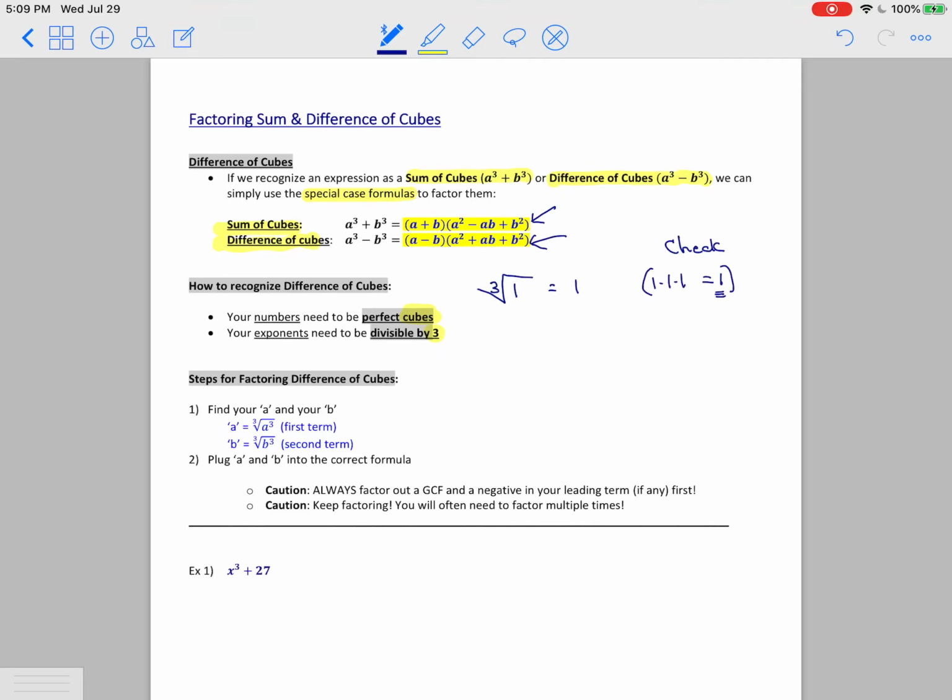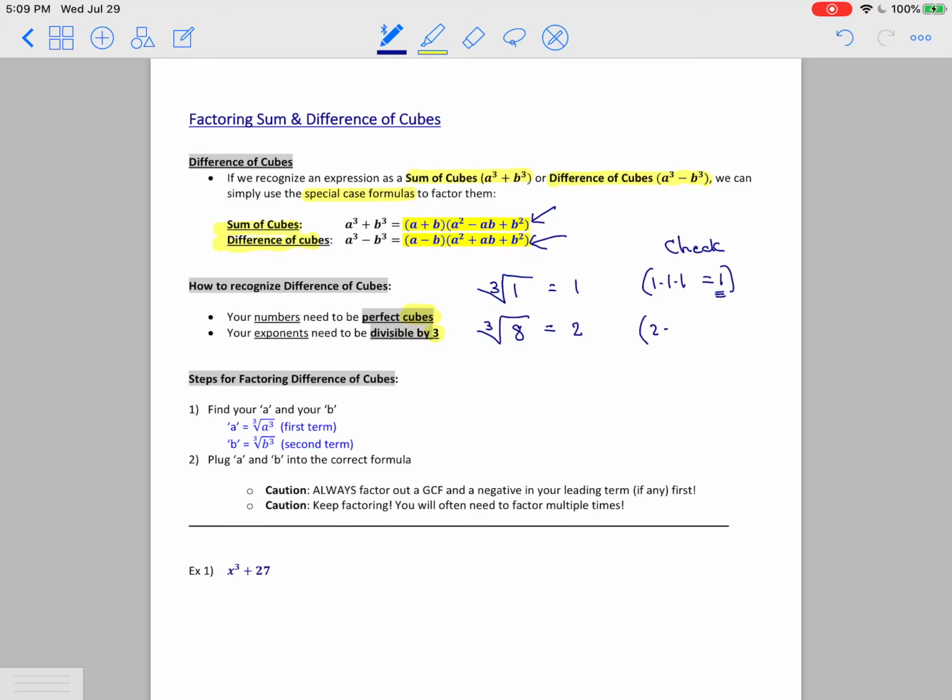We know that there is no perfect cube of 2 or 3. If you just try it, you can take the cube root of 3 and you're going to get 1.44 something. The next perfect cube that we have is 8, and if we take the cube root of that, we get 2.